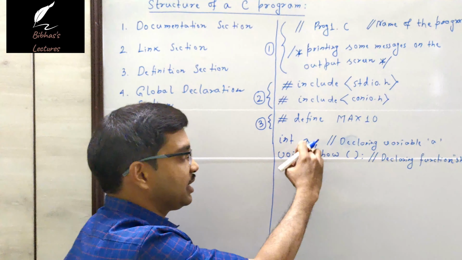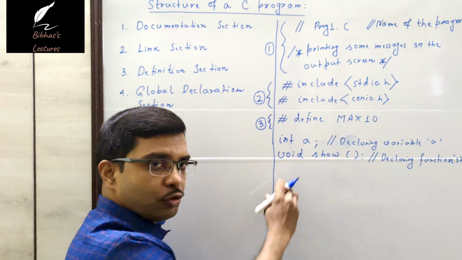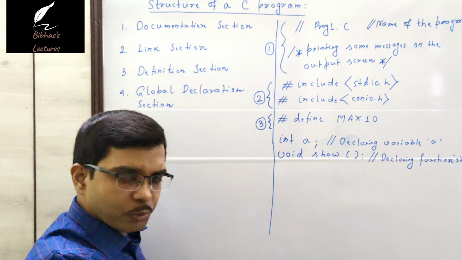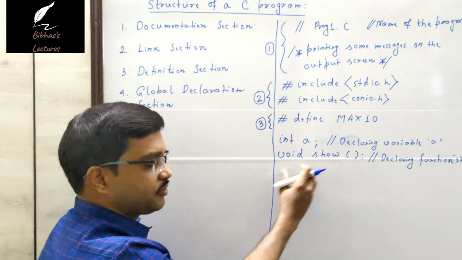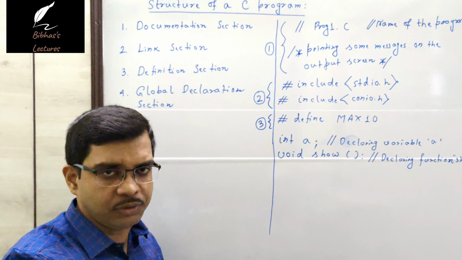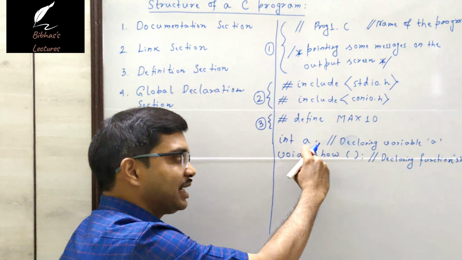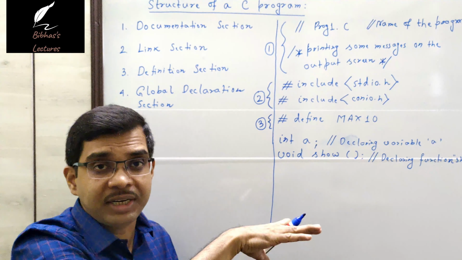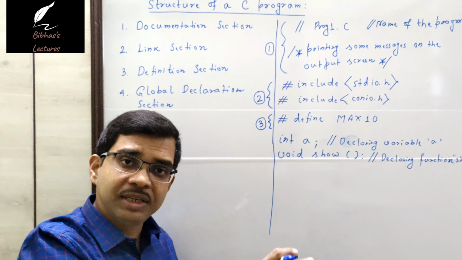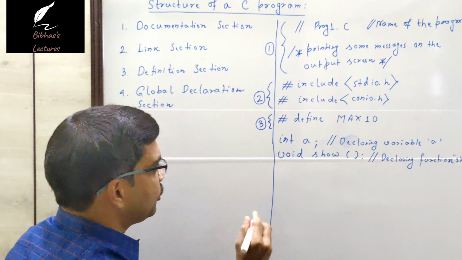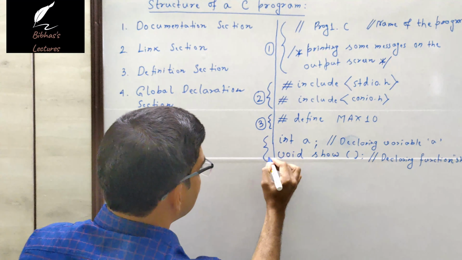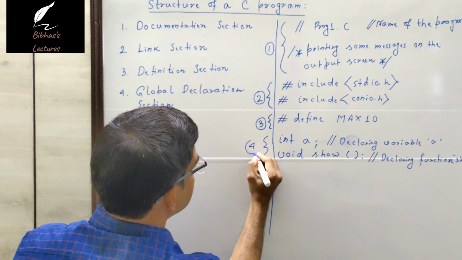Similarly, this is the so function. Whatever functions are in your program, each and every function can access it and call it whenever required. So any function in the program can access these two things, the variable a and the so function. This is called global declaration, point number 4.